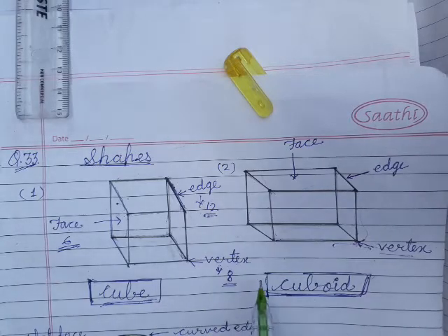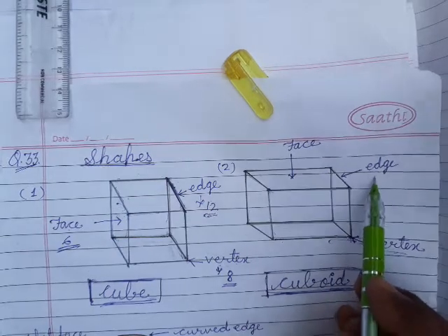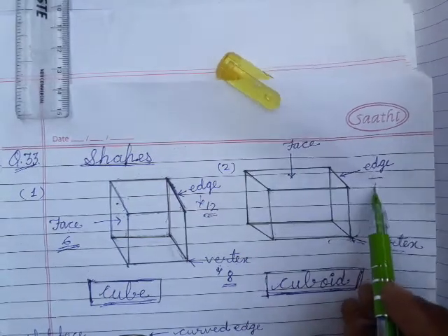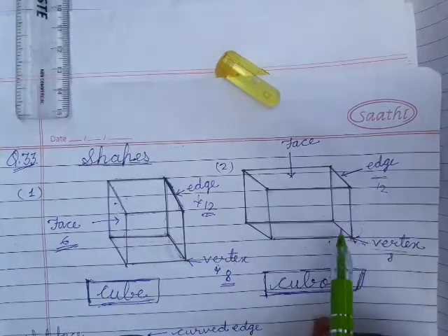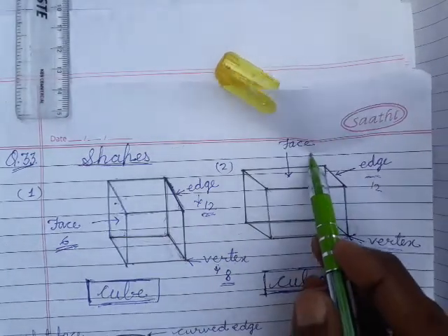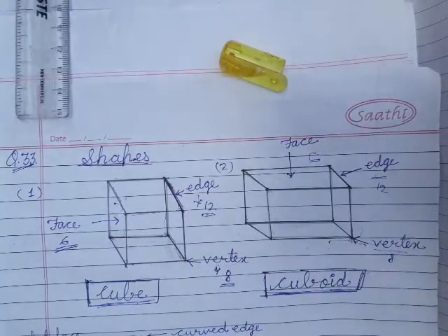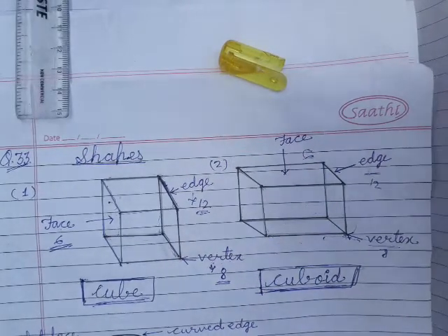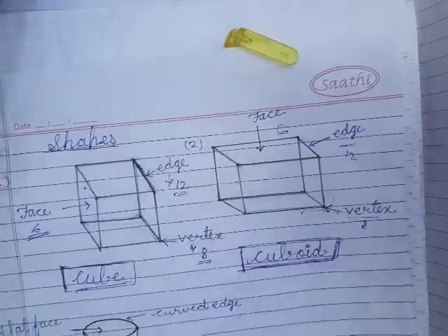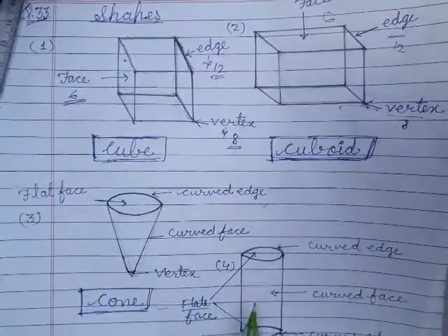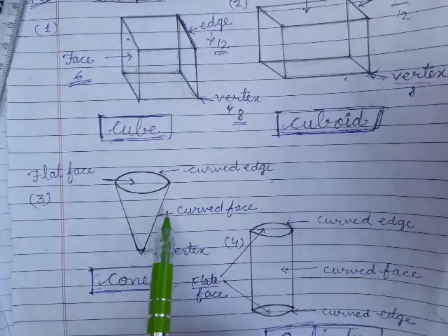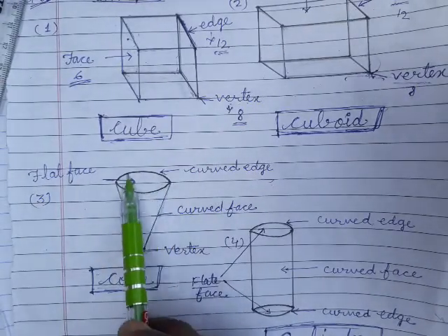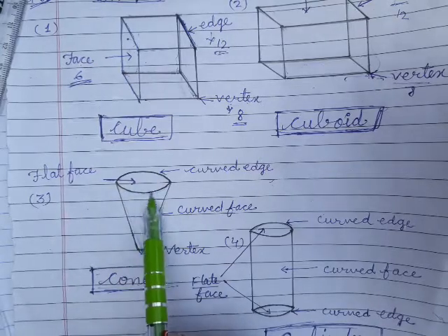Similarly children, a cuboid also has 12 edges, 8 vertices and 6 faces. Now we discuss the cone. It's a cone shape and it has a curved edge. It's called a curved edge.